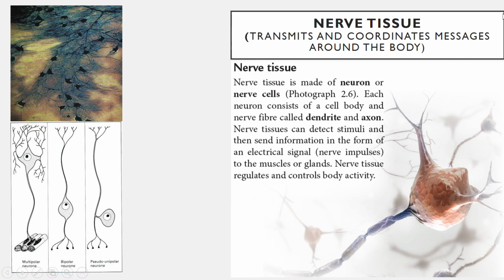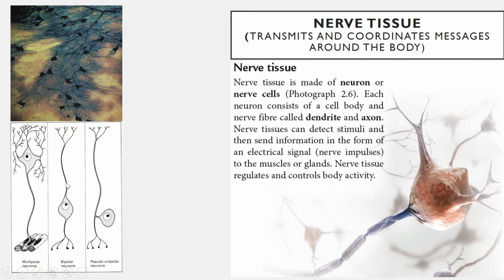Okay, the last one, the fourth one, is nerve tissue, which transmits and coordinates messages around the body. Nerve impulses, electrical signals. So it is made up of nerve cells, or also known as the neuron, which consists of the cell body.